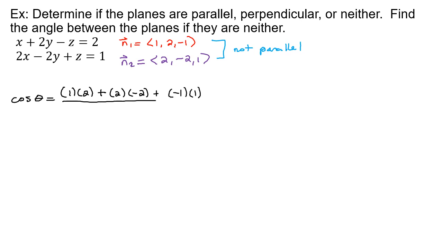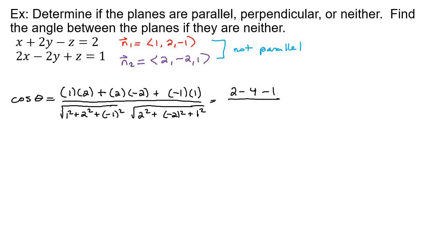That's your dot product. On the bottom, we'll have 1 squared plus 2 squared plus -1 squared. And on the second one, we'll have 2 squared plus -2 squared plus 1 squared. So my dot product will give me a 2 minus 4 minus 1, which will not be 0.